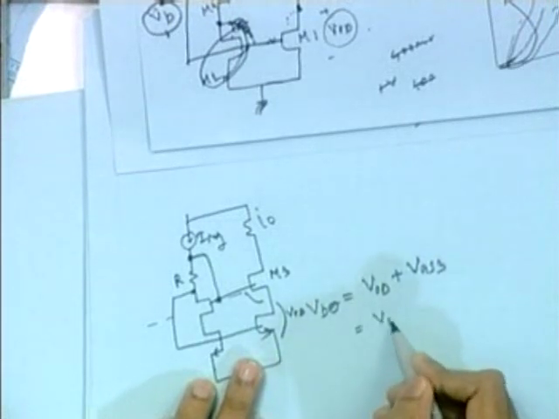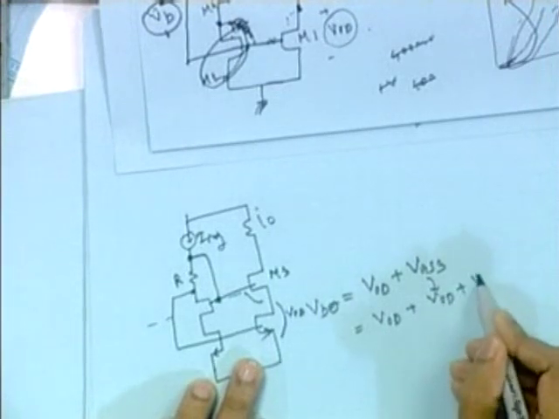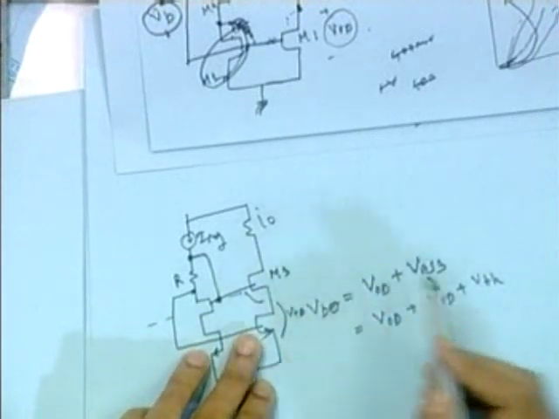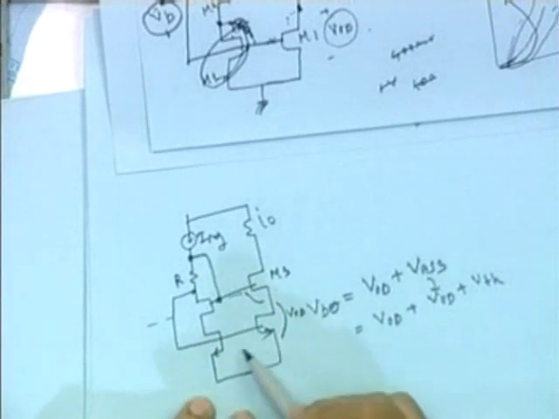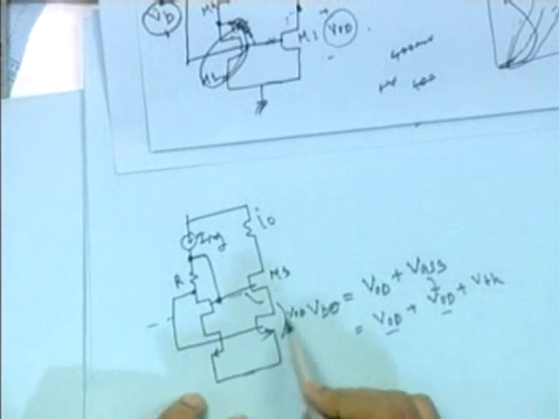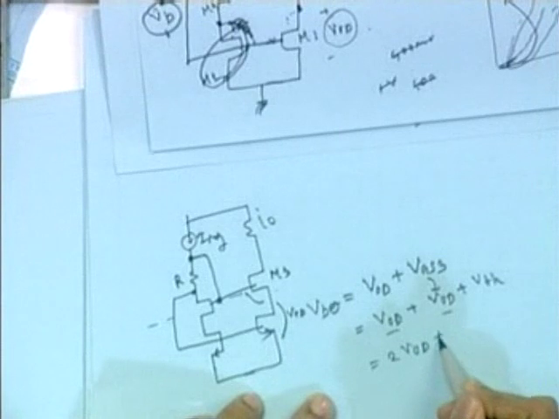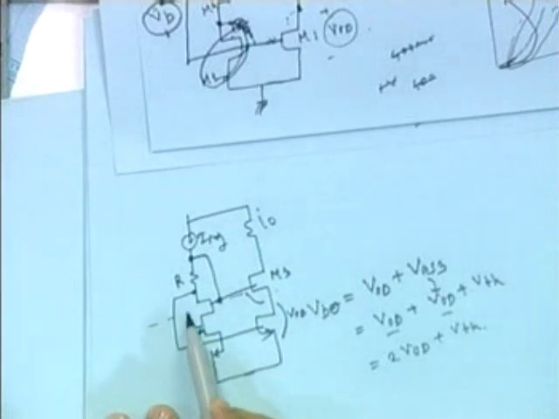This can be written as VOD plus VTH, I mean VTH of M3 and VOD of M3, and we are assuming that all the transistors have the same sizes and all those things. So VOD of all the 4 transistors are the same. So we need 2 VOD plus VTH. Here, 1 VOD we are getting for this transistor, 1 VOD we are getting from this. So 2 VOD is there.